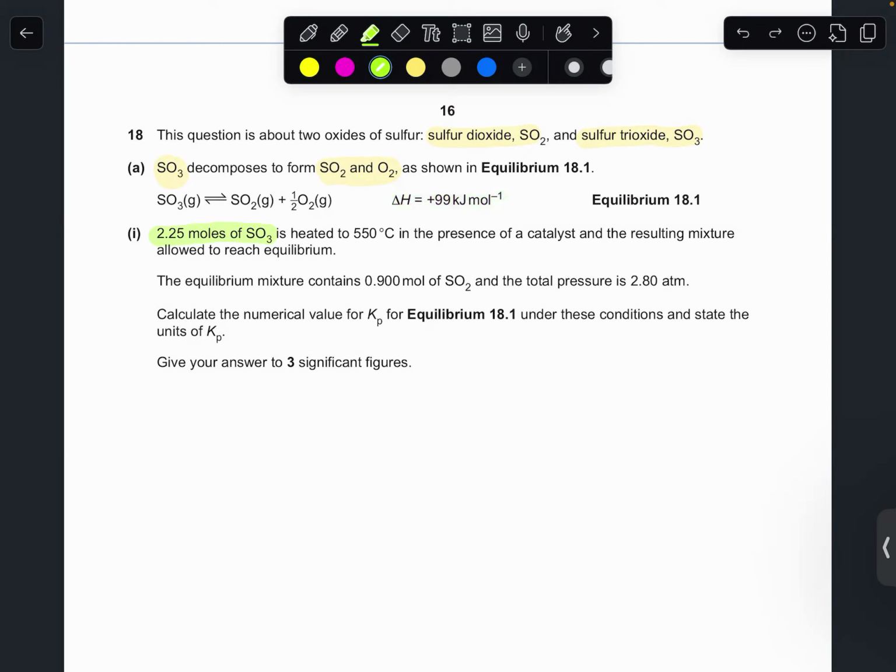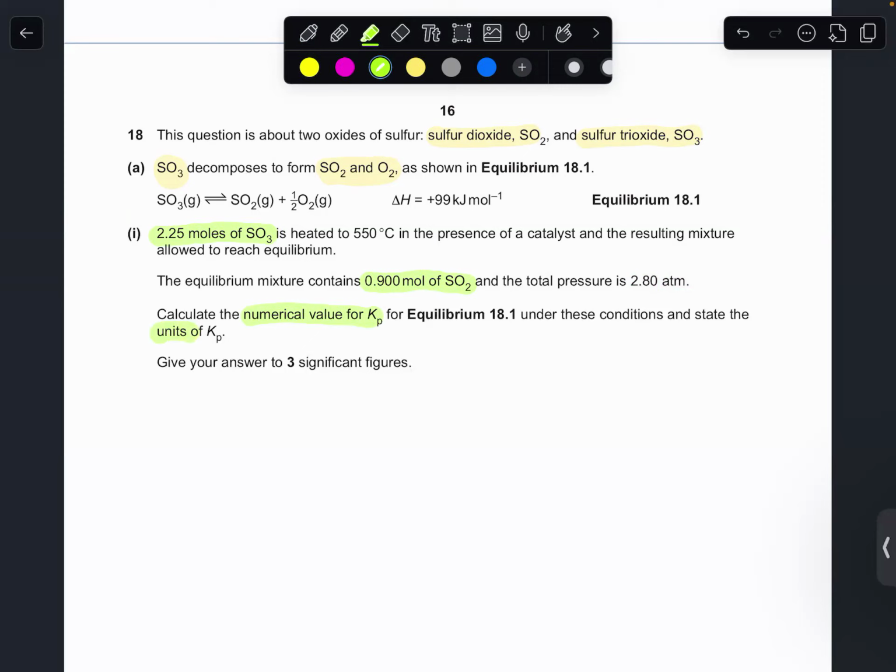So you get decomposition happening. The equilibrium mixture contains 0.9 moles of sulfur dioxide, and the total pressure is 2.8 atm. It's asking you to calculate the numerical value of Kp and state the units.